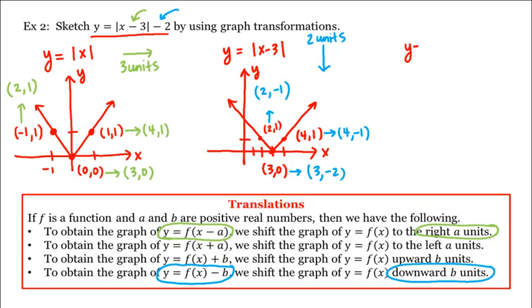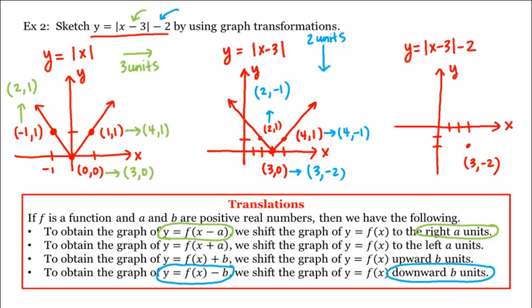That is the graph we're looking for, or y is equal to absolute value x minus 3 minus 2, looks like this. So here's the y-axis, and here's the x-axis. So the point 3, 0 was moved to 3, negative 2. So we have this point here on our graph, 3, negative 2.